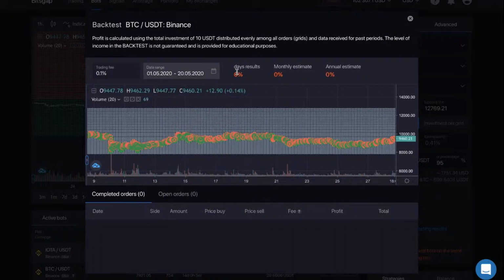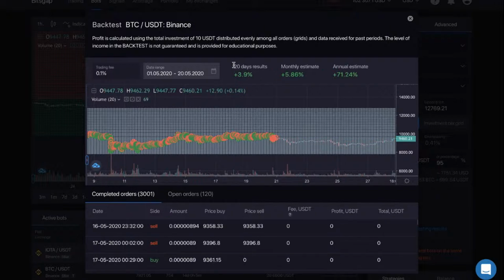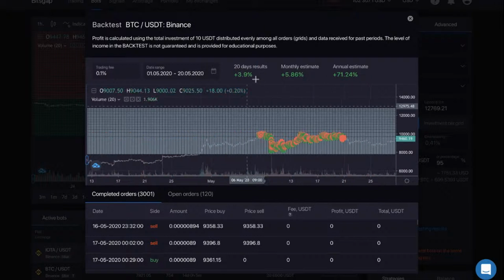So that's going to be how many days? 20 days. For this period, you see that the system is telling us that if you had initiated the bot at that time until that point of time, it would have made 3.9% in profit in USDT.